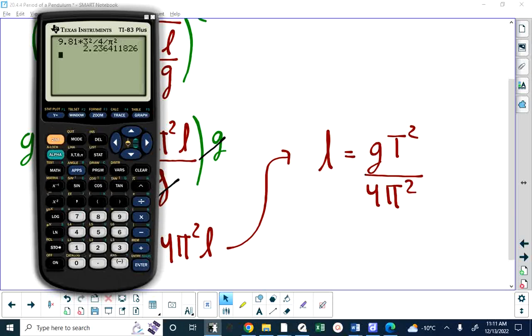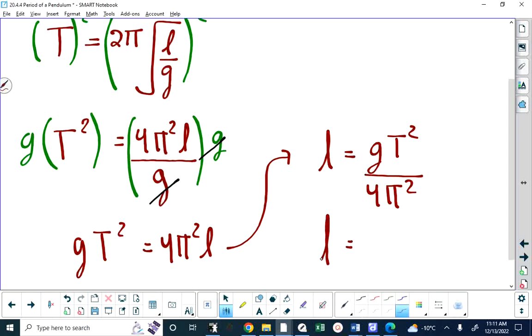Said numerous times in this course, if you don't like the way I go divided by 4 divided by pi squared, then go divided by brackets, 4 pi squared, end brackets. But I get about 2.2 meters. We good with that one?